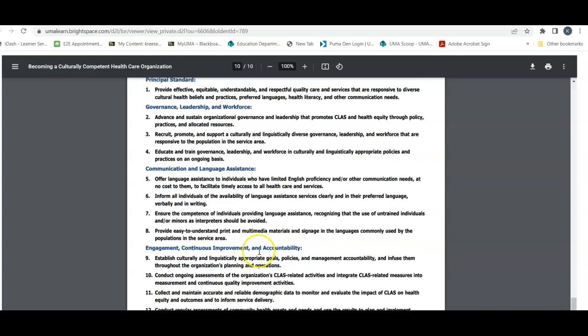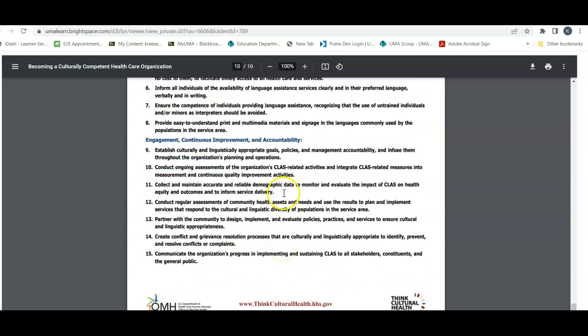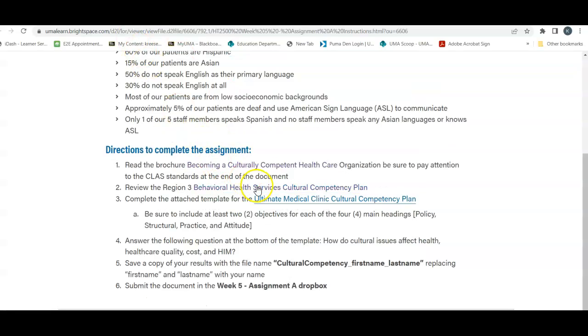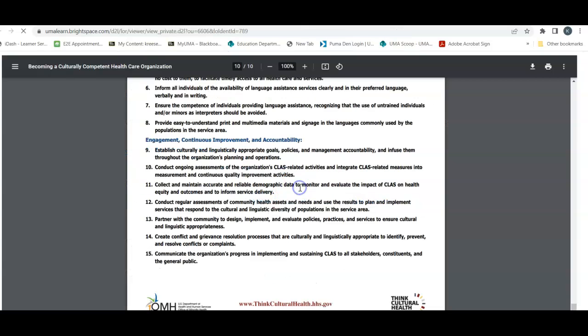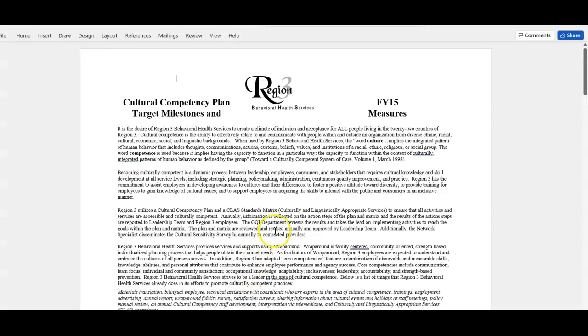So nothing is word for word. It's just your idea of, okay, this is helping me think a little bit further in terms of what I want to use for my policies, the structure, attitude, practice, those types of things. And then also in your assignment instructions, we have the review of the Region 3 Behavioral Services Cultural Competency Plan. This is just an example of how they did their cultural plan.